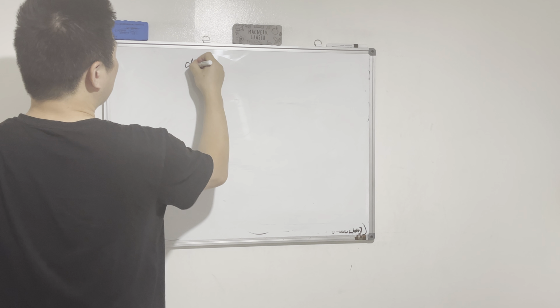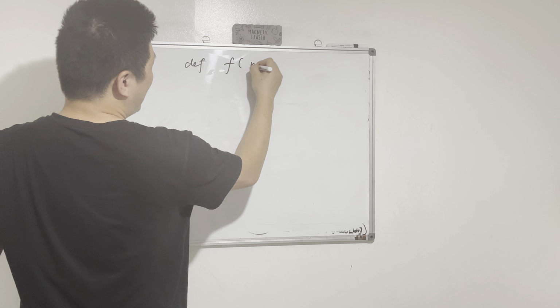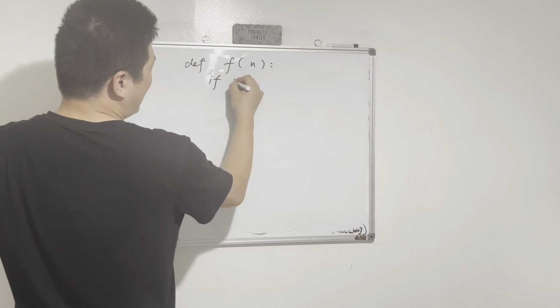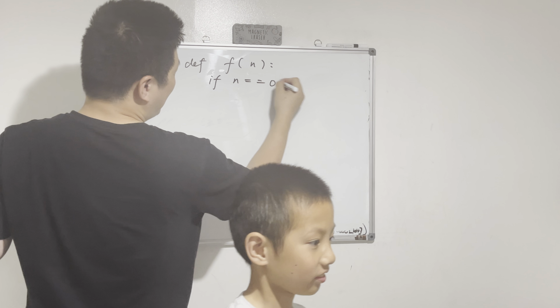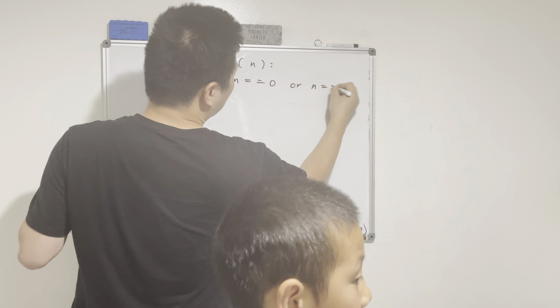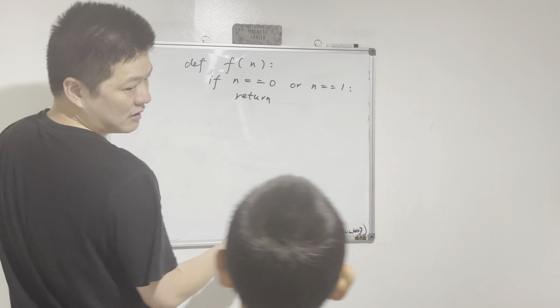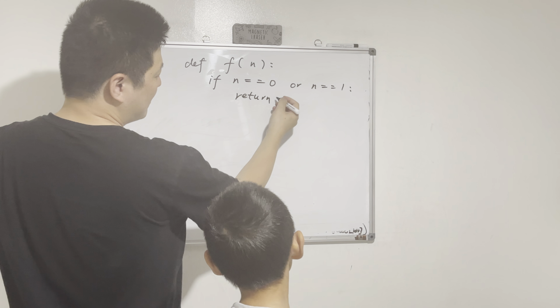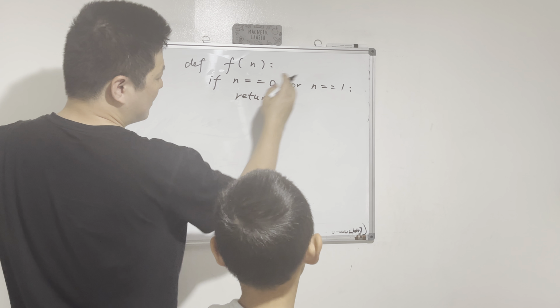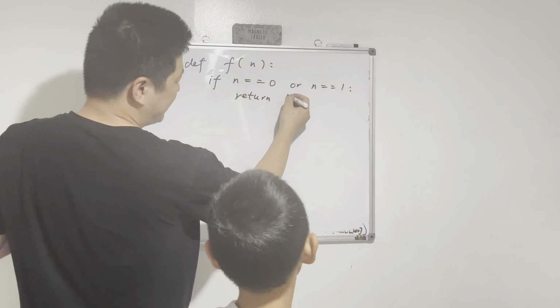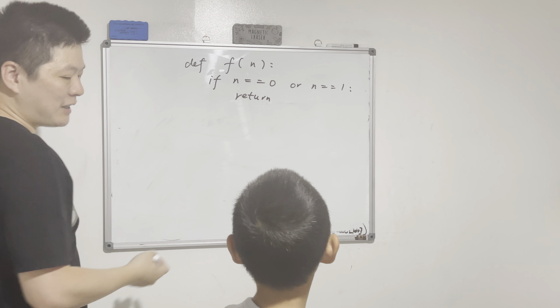Just a little review, okay? Define Fn: if n equals 0 or n equals 1, return what? If n equals 0 or n equals 1, return what? True? What's the factorial return?